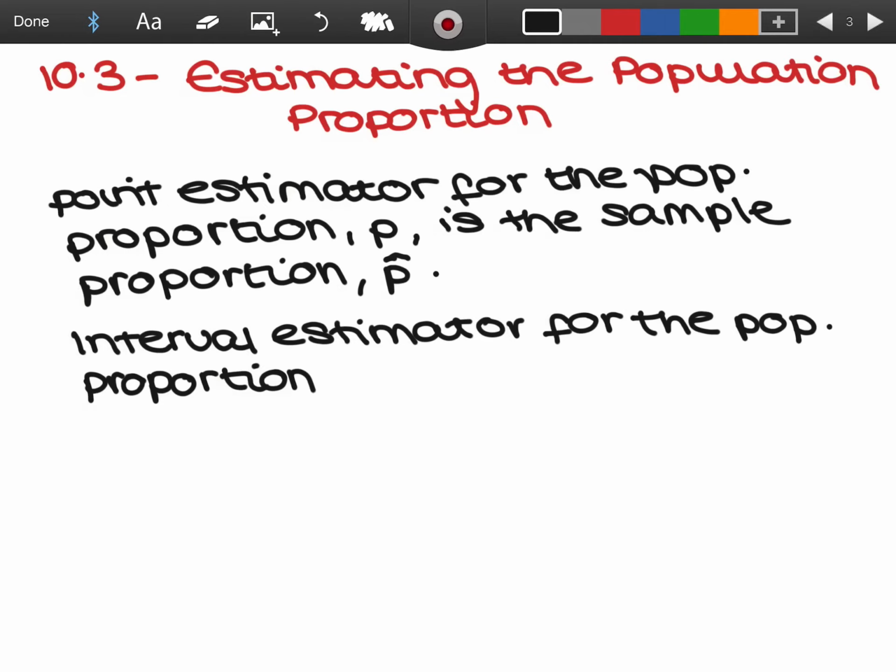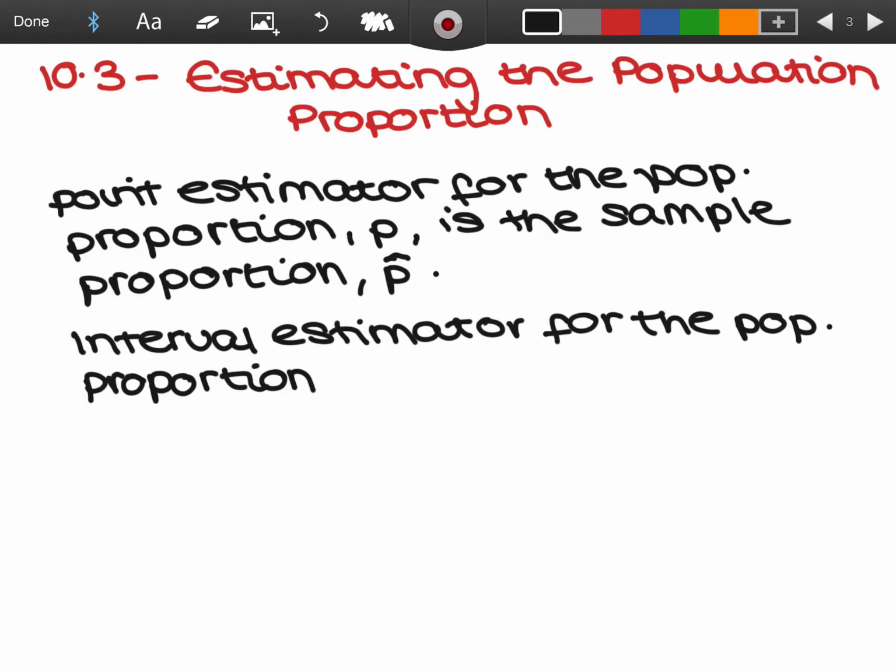You may remember from when we covered this in chapter 9 that there is a Z transformation for the sample proportions, because as long as certain properties were fulfilled, our sample proportions could take on a normal distribution.